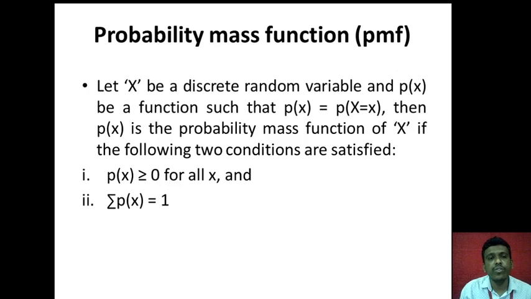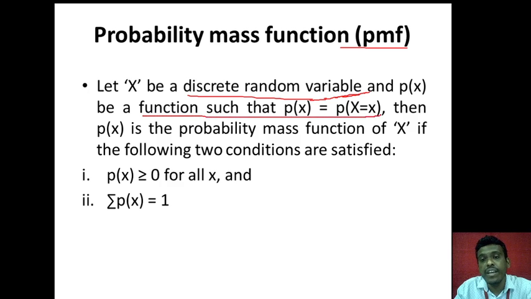Now coming back to the next concept, that is the probability mass function. Now remember, whenever I am talking about the probability mass function, it is applicable only for a discrete random variable. When we are talking about a continuous random variable, we have density functions. So the probability mass function, abbreviated as PMF: let x be a discrete random variable and p of x be a function such that p of x equals the probability that X equals x.